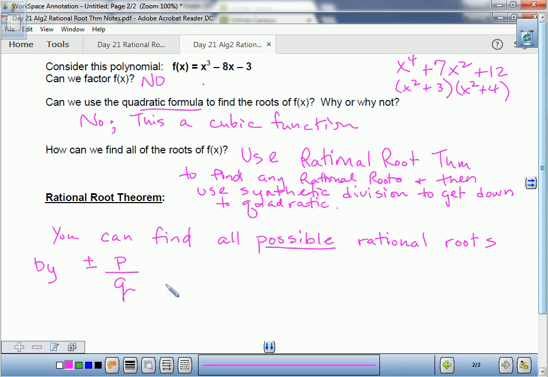So P represents all the factors of the constant.